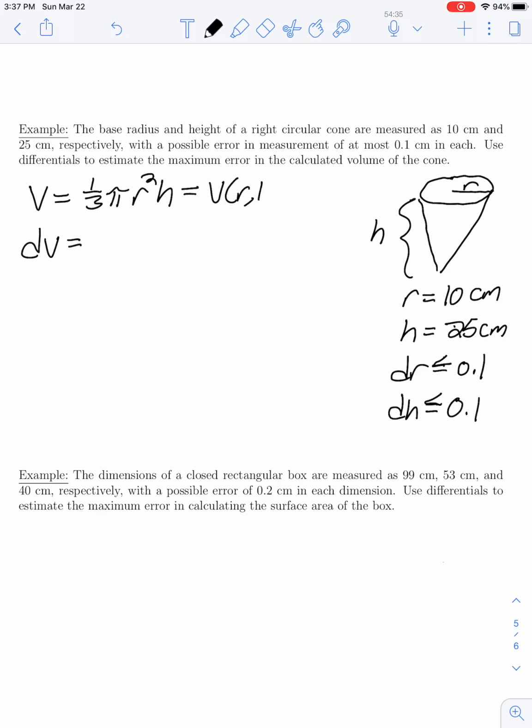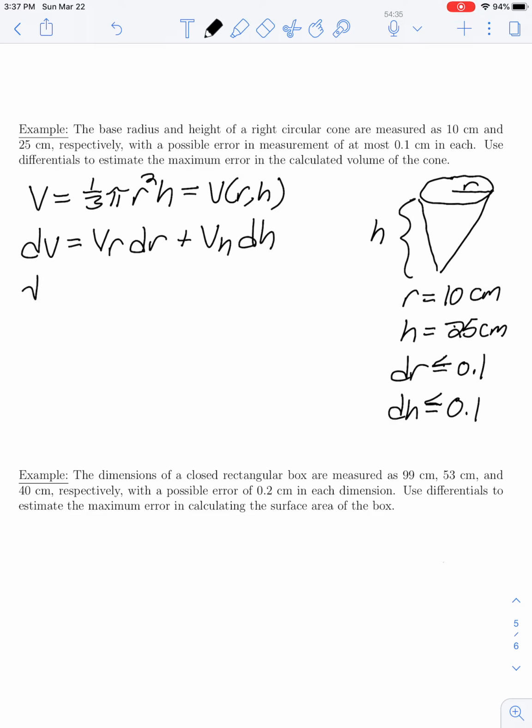We can think about this V function as depending on the radius and height of our cone. So we're really asking about a total differential of this volume function. So to find this, we know we would first look at the partial derivative of volume with respect to the first variable, which we're calling r, times the differential of r, plus the partial derivative of the volume with respect to height, times the differential of height.